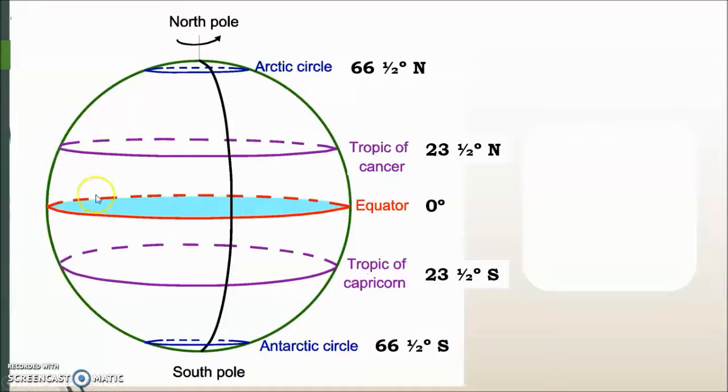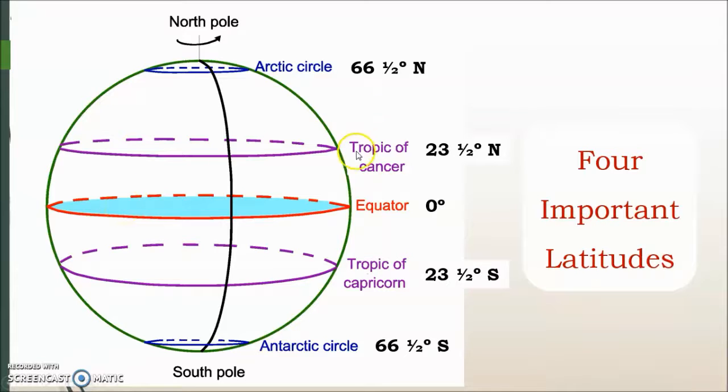Besides the equator, there are four other important latitudes: Tropic of Cancer at a latitude of 23.5 degrees north and Arctic Circle at a latitude of 66.5 degrees north in the Northern Hemisphere, and Tropic of Capricorn at a latitude of 23.5 degrees south and the Antarctic Circle at a latitude of 66.5 degrees south in the Southern Hemisphere.